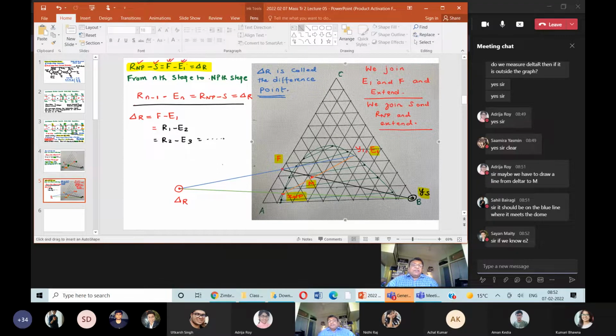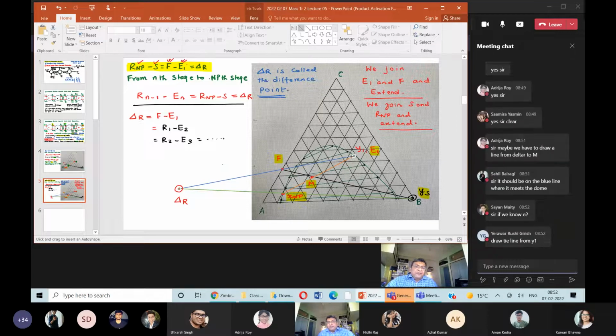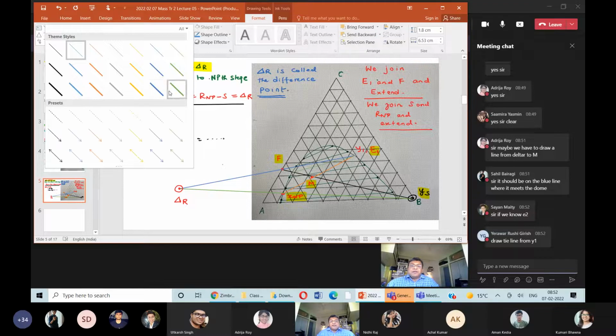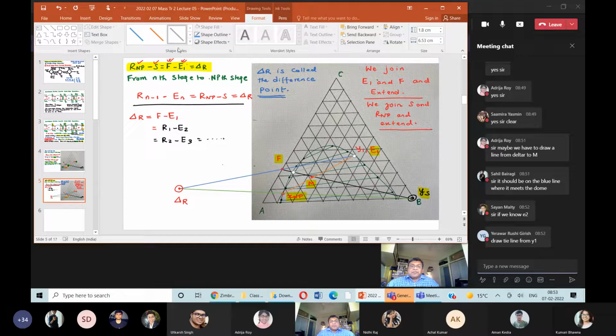So this E1F is a line you have drawn, the tie line from Y1. Perfect. So locate that tie line that is passing through E1. Let's say this is a tie line that is passing through E1.